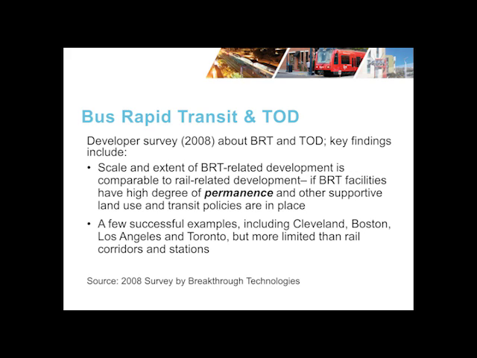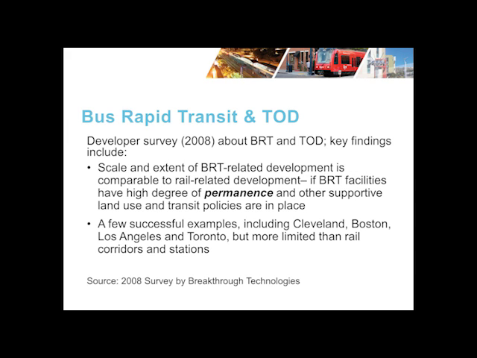One of these I mentioned here is a developer survey from a few years ago that tried to isolate the factors that would influence developers in terms of where they would locate projects. And in terms of BRT, the key really came down to the degree of permanence.